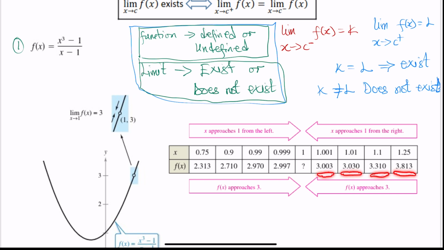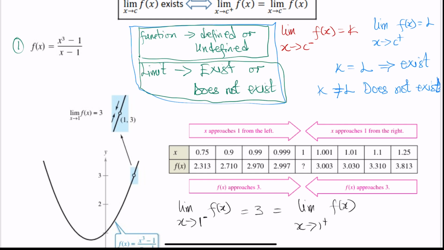So this tells us that the limit as x approaches 1 from the left of our function f of x is equal to 3, and the limit as x approaches 1 from the right of our function f of x is also equal to 3.